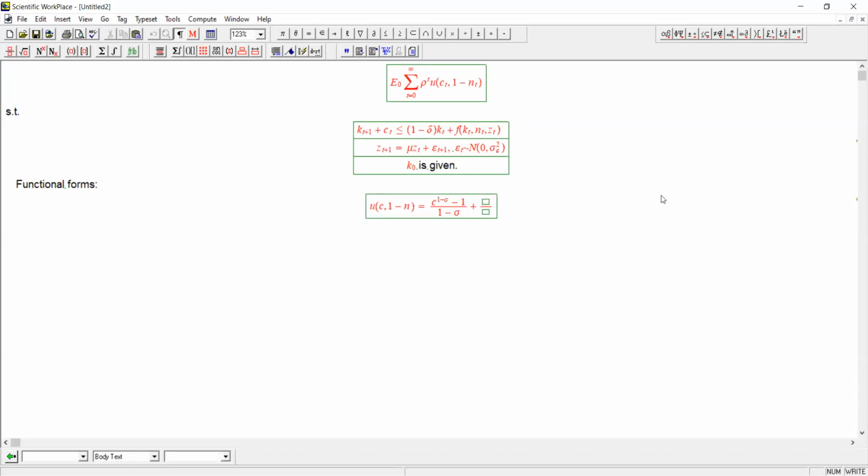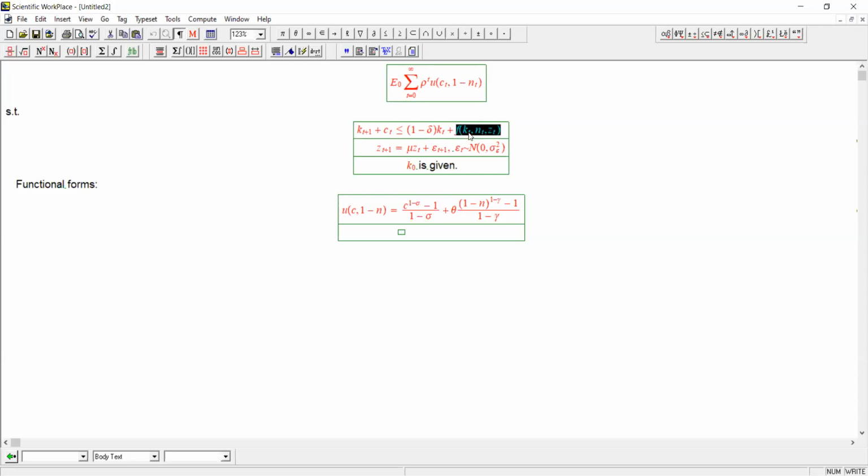And we're going to treat leisure in the same way. So there'll be another CRRA function here. And finally, we'll want to add a parameter that's going to govern how much agents care about leisure relative to consumption. So let's just add a weight theta here. So that's our utility function. As theta goes up, agents care more about leisure. As theta goes down, leisure becomes less important compared to consumption.